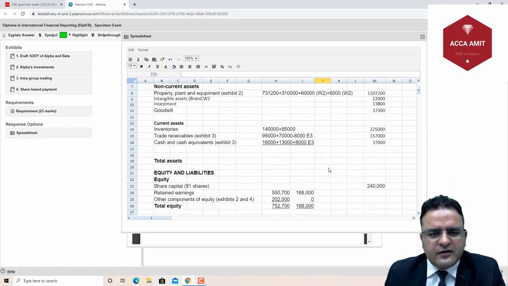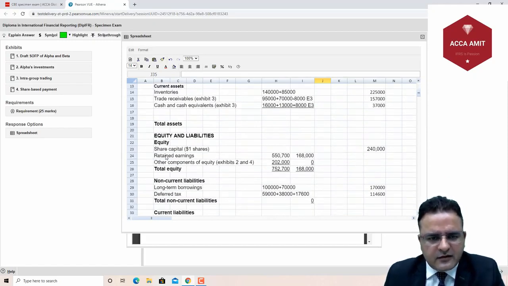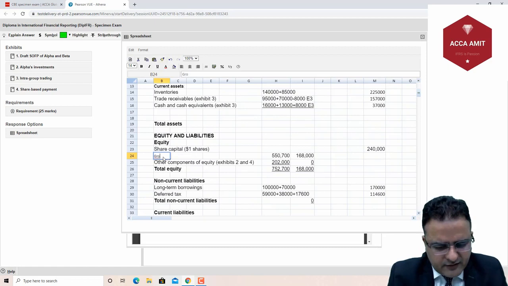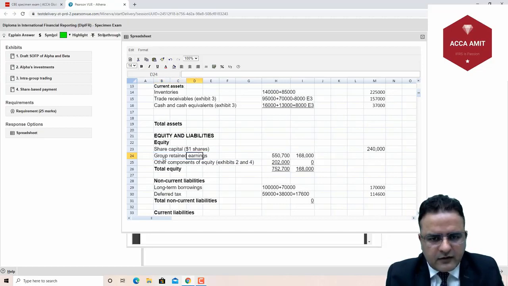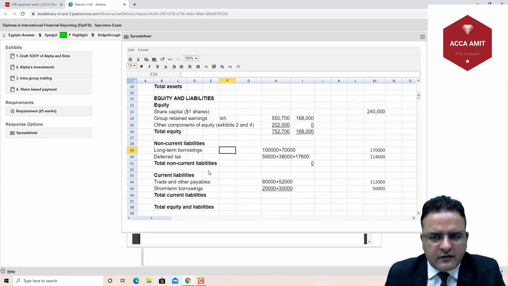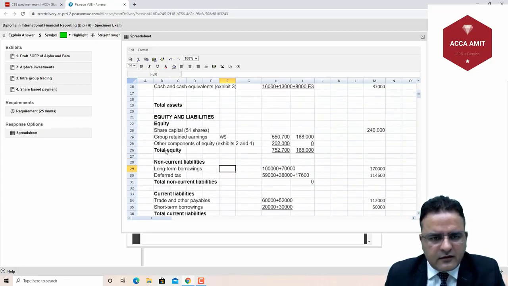We are left with replacing group retained earnings and other components of equity. Group retained earnings will be working note number 5.